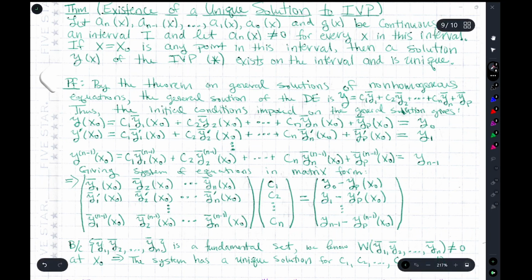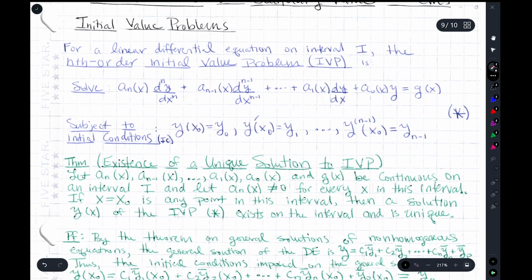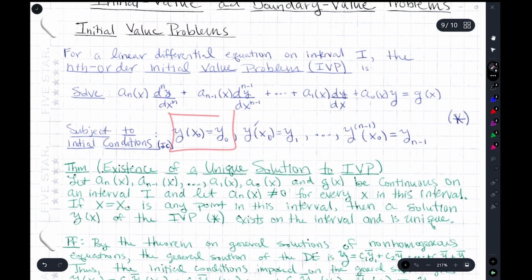Well, we impose them. So y of x naught, we plug x naught into our general solution and we set it equal to y naught. That's one condition.